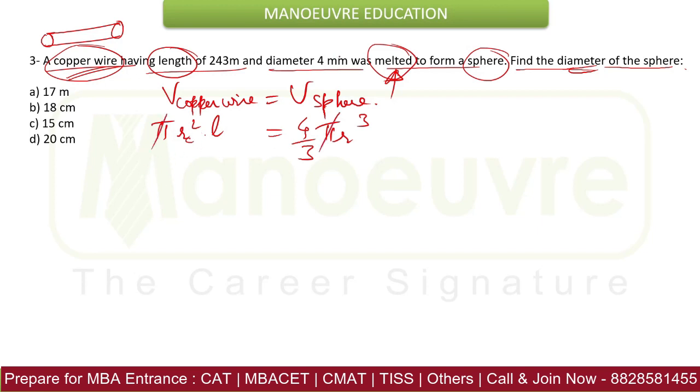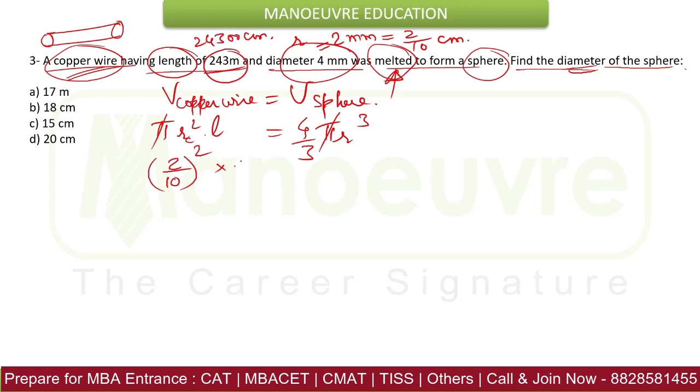Diameter is given as 4 mm, so radius will be here 2 mm, so 2 mm will be 2 by 10 centimeter. Let's convert this into centimeter, so this will be 2 by 10 square into length, which is given as 243 meter, will be 24300 centimeter.